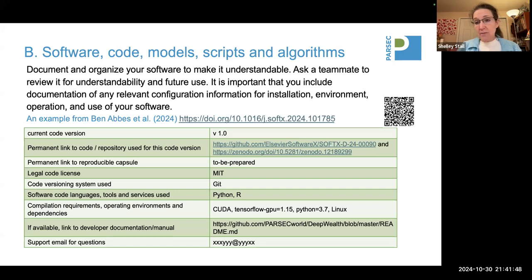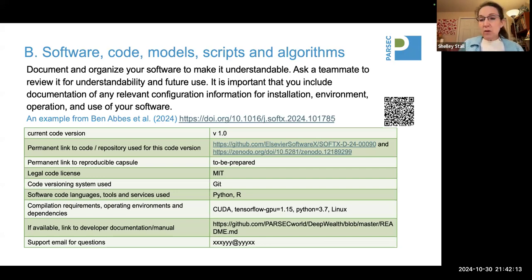Data is Creative Commons. That's one of the recommended licensing methods to use, and software is different. MIT is one of those. There's also a GNU license. And if you use that QR code from the previous slide, it walks you through what the recommendations for licensing are.